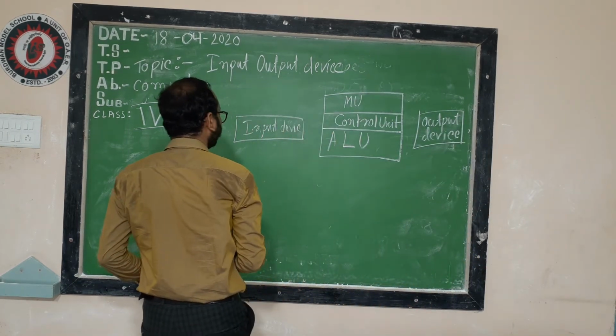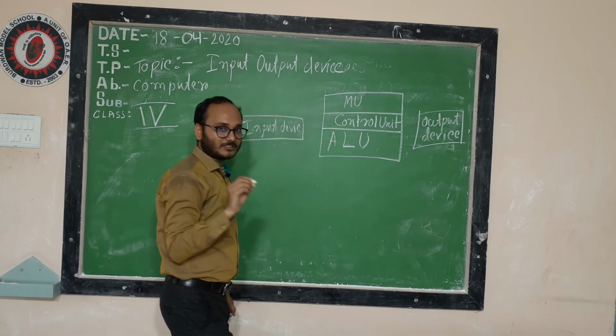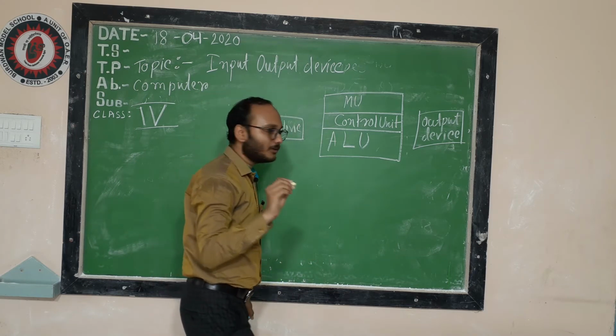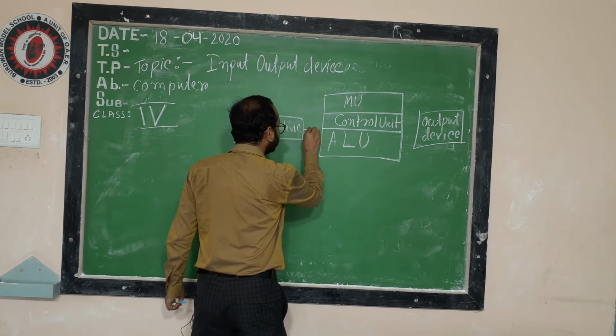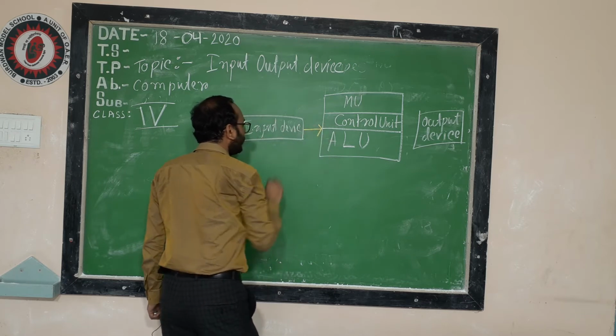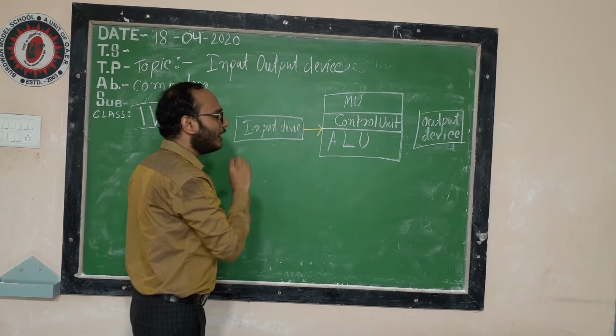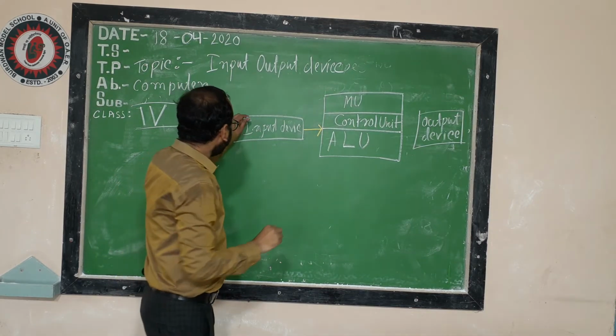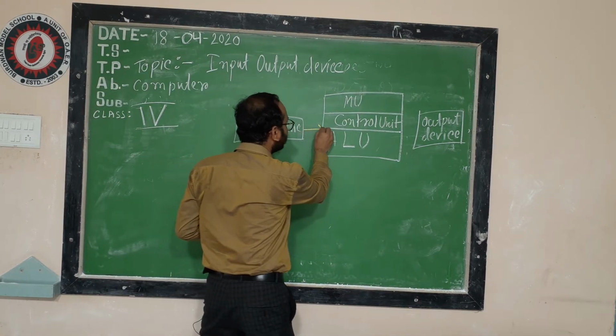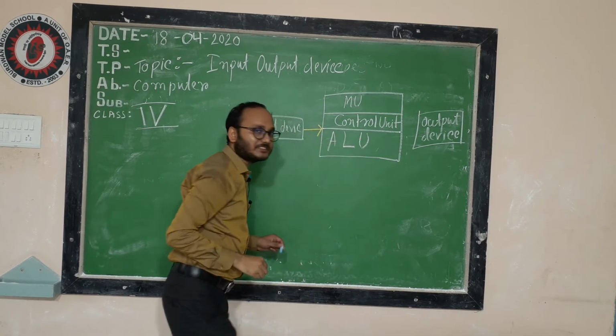Now look at here. When you give some information to the computer through input device, from input device it goes to the central processing unit.